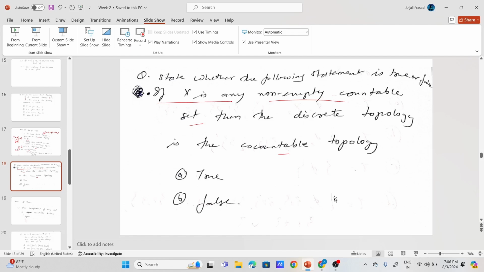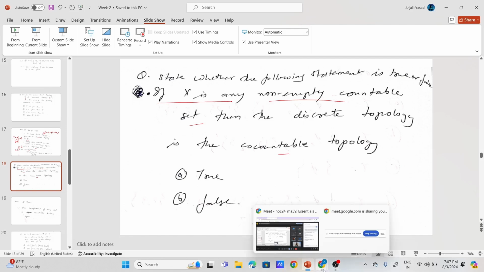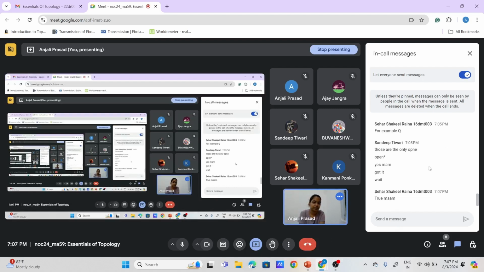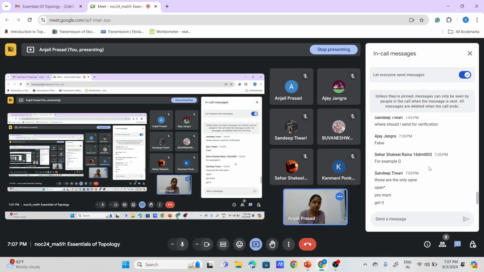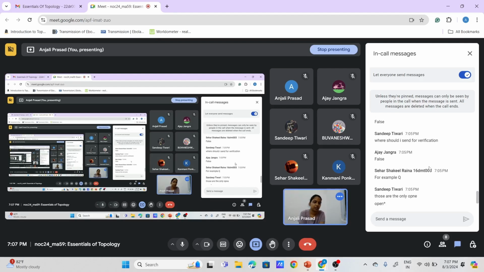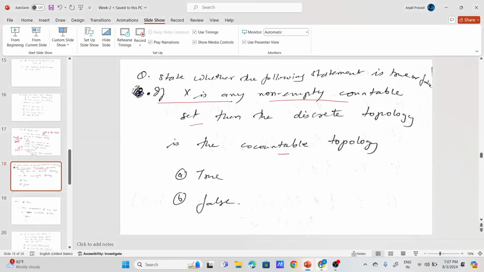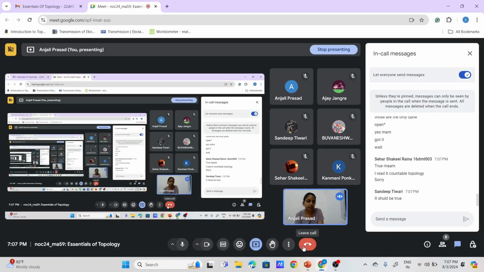Whether the discrete topology is the co-countable topology here on X. Just read the question clearly. Okay. So we are saying it is true. Okay.